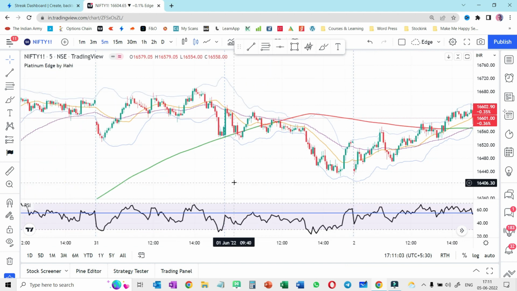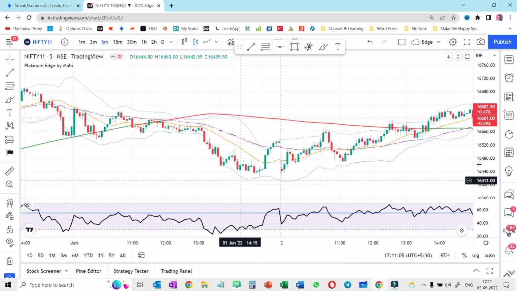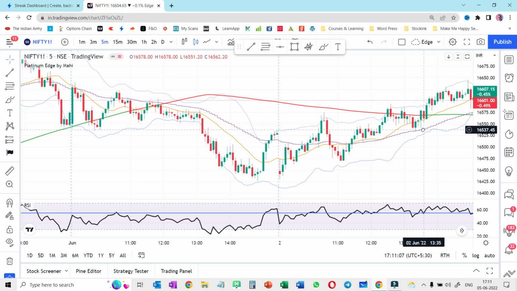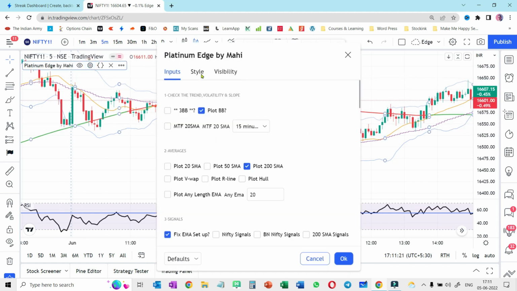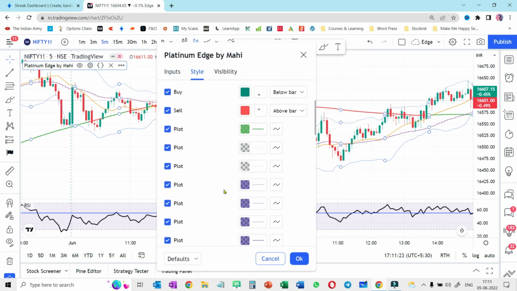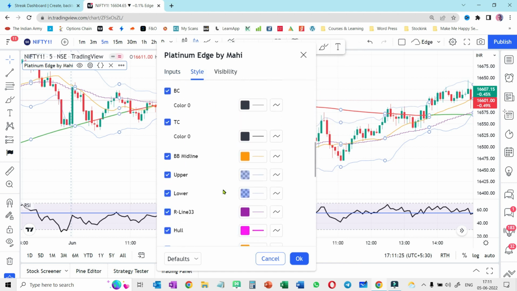Now if you carefully observe, whenever the candle is below the SMA, which is the yellow line, SMA 20, this curved line is EMA 50. I'll make it thick for you so that you can see it carefully.